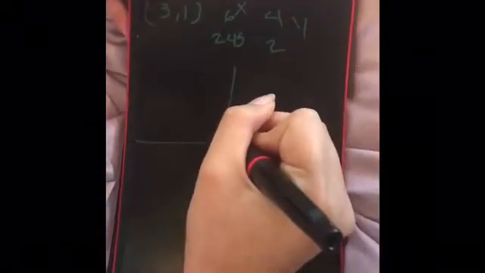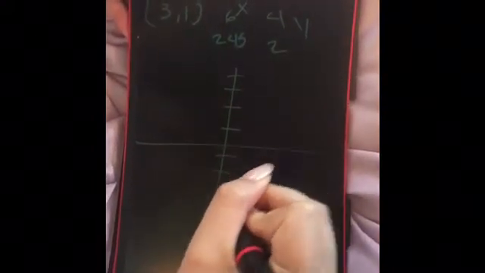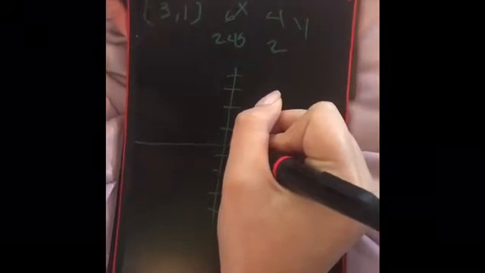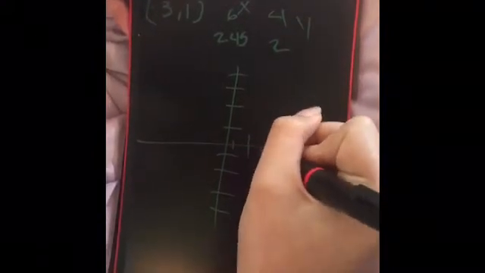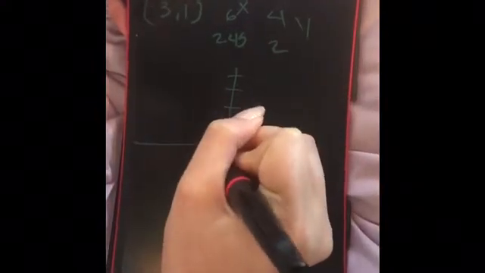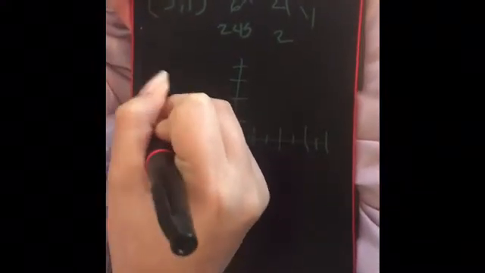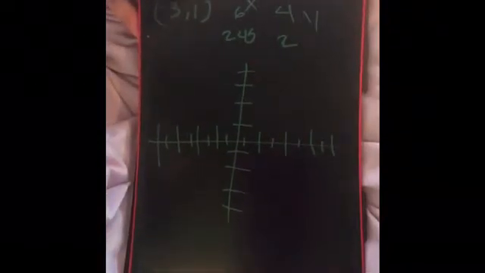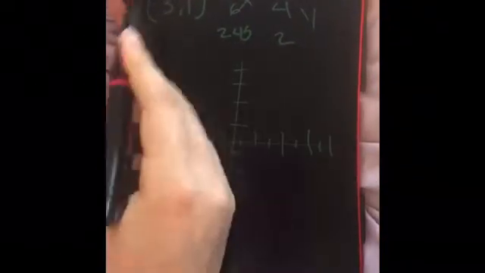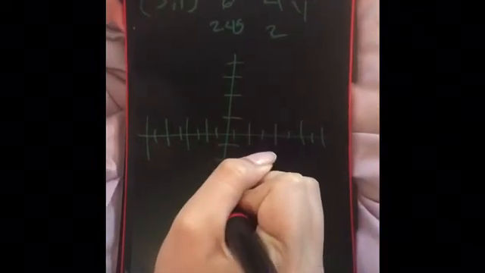So we're going to make a little graph. 1, 2, 3, 4, 1, 2, 3, 4. Half, 1, half, 1. So we know our vertex is negative 3 and 1, so right here.